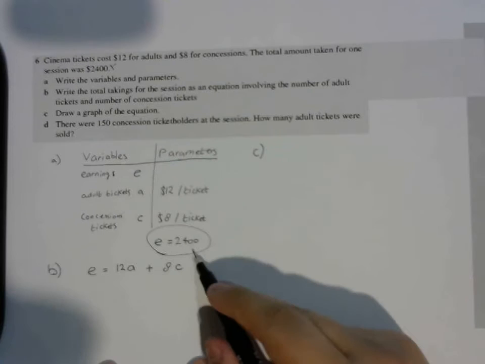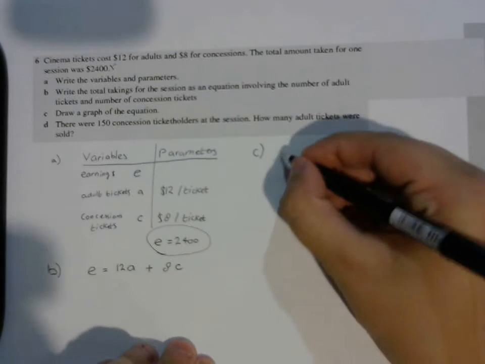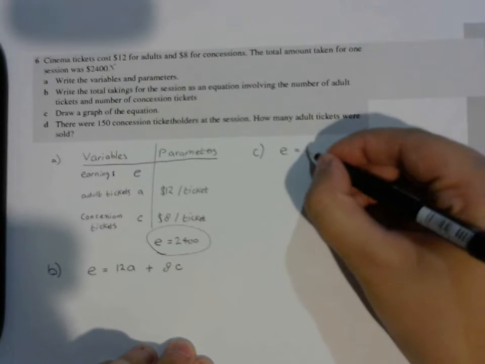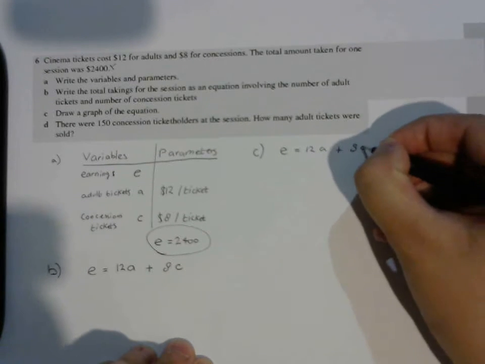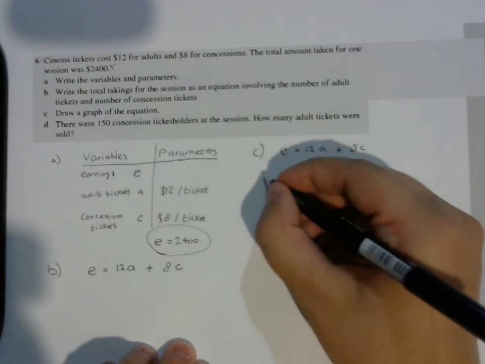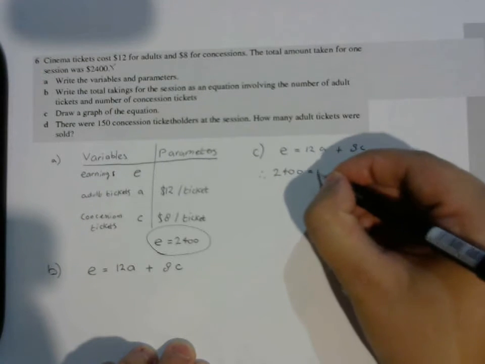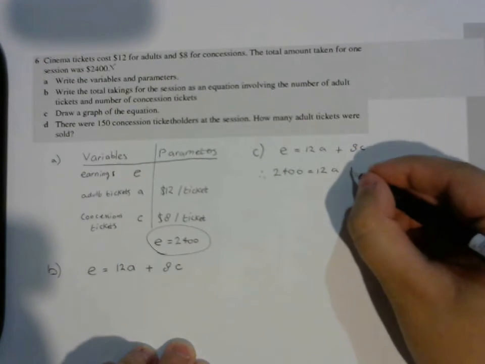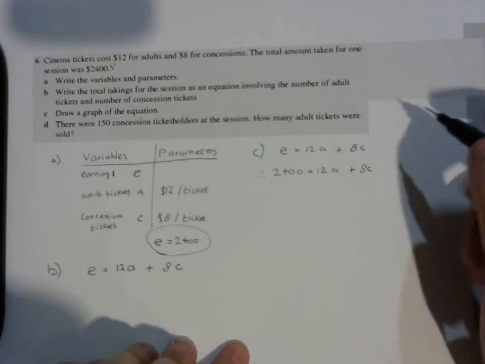So we know that one particular day, that's what the earnings was. So starting with my equation, I'm going to substitute this value in. So substituting that in, we're going to have 2,400 equals 12A plus 8C.